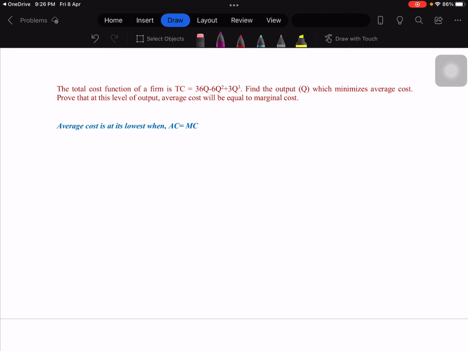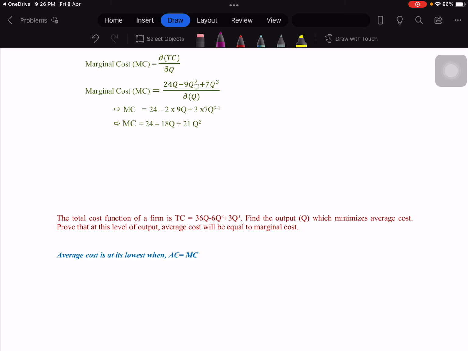If you recall, we have seen graphs where the marginal cost curve intersects the average variable cost curve at its lowest point. So where MC is equal to AVC, at that point you will have the minimum cost.